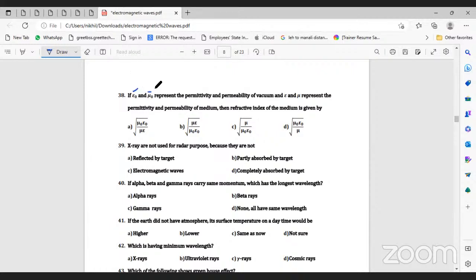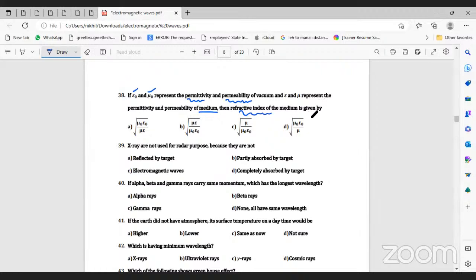Epsilon naught and mu naught represent the permittivity and permeability of vacuum. Epsilon and mu represent the permittivity and permeability of the medium. Then how do you define the refractive index of the medium?